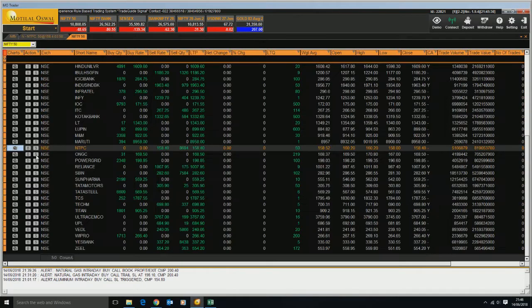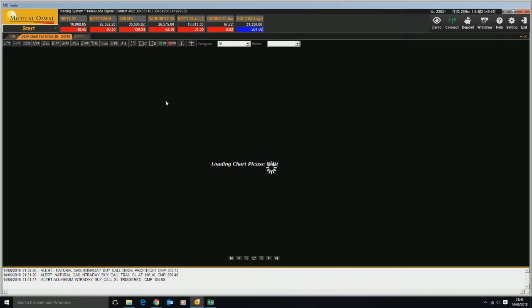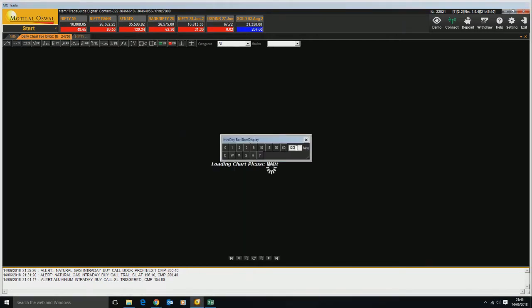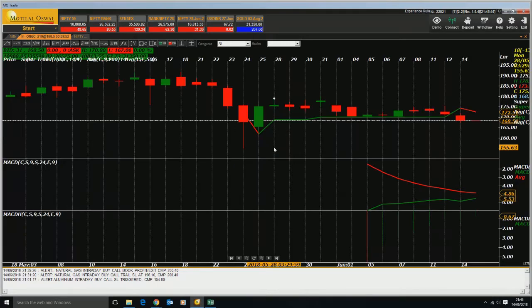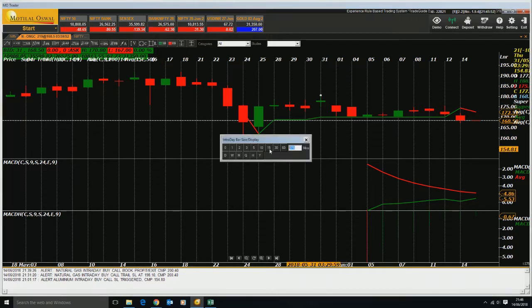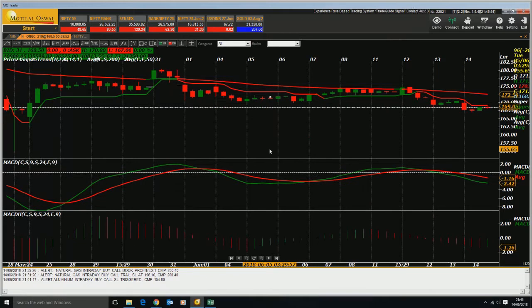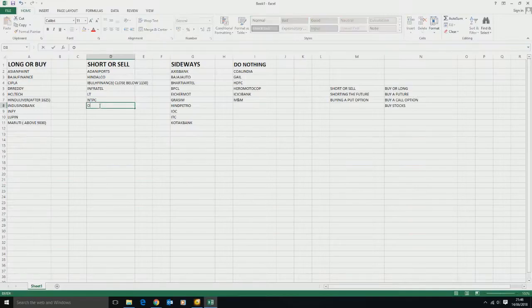ONGC, if I go onto the daily charts or simply 375 minutes time frame, ONGC is giving me a fresh short entry. Let's see on 120 minutes. Yes, ONGC is a short with a stop loss of roughly around 173. So for me, ONGC is a short candidate.